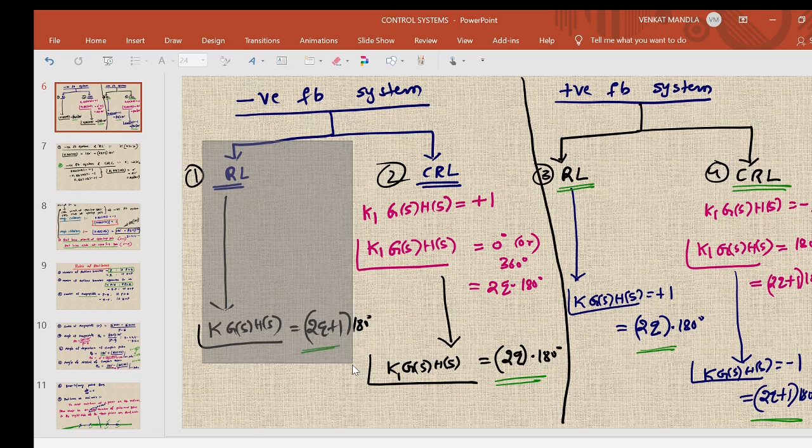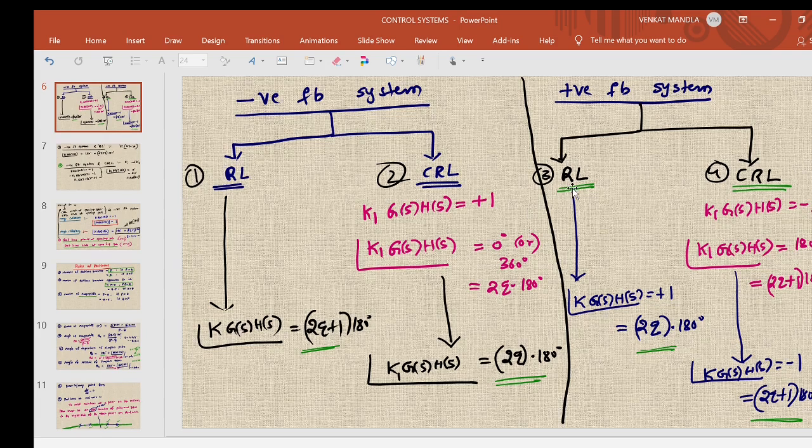If the angle criterion is 180 degrees, how to draw? We have to follow the rules of the first part, that is root locus, where the angle criterion is 180 degrees. Whatever the points and rules are there, we have to follow them for the fourth.